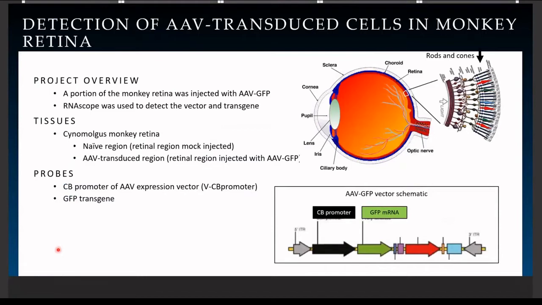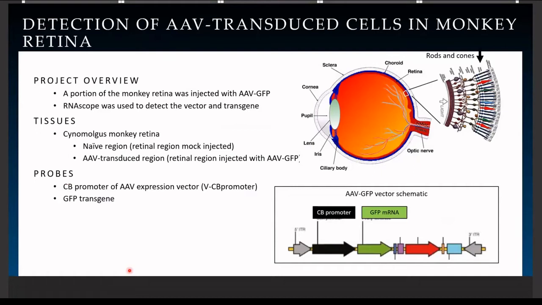And an example here that we've used is that of an AAV transduced GFP vector. And in this particular example, we wanted to show the use of RNAscope in studying the AAV transduced cells.